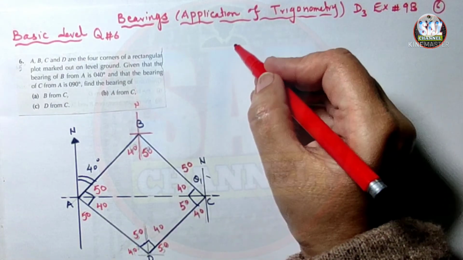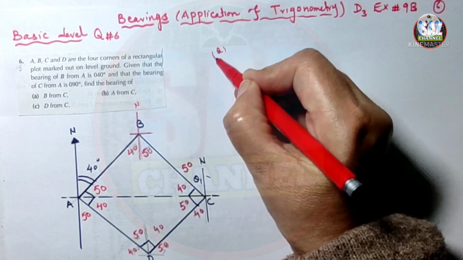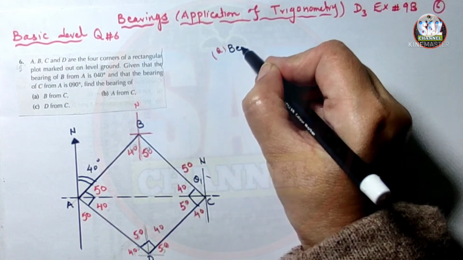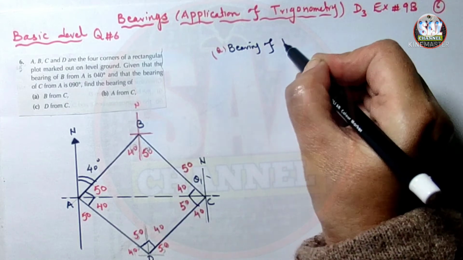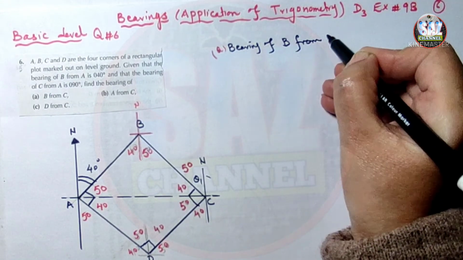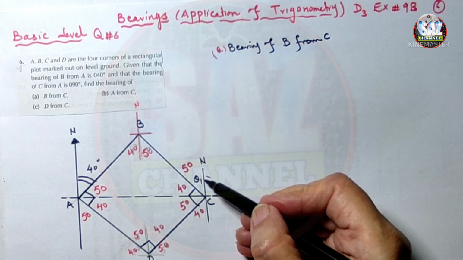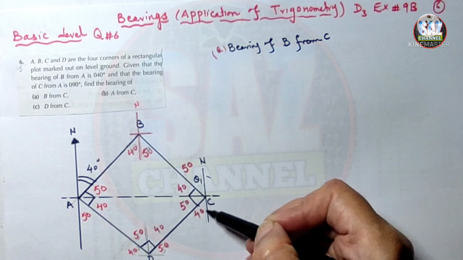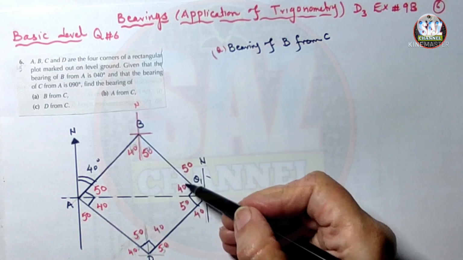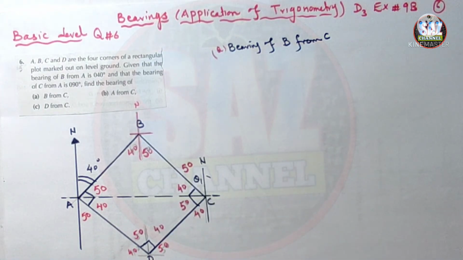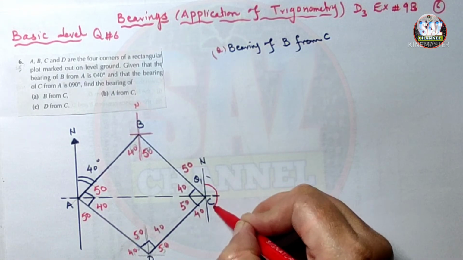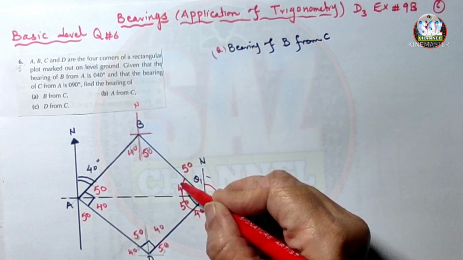Now the first part is the bearing of B from C. It means that we have to start our turn from C and go in the clockwise direction, and we have to stop at the arm of B. So we take the circular turn starting from the north of C, to B from C. I have to take this turn, then this turn, then this turn and this turn.